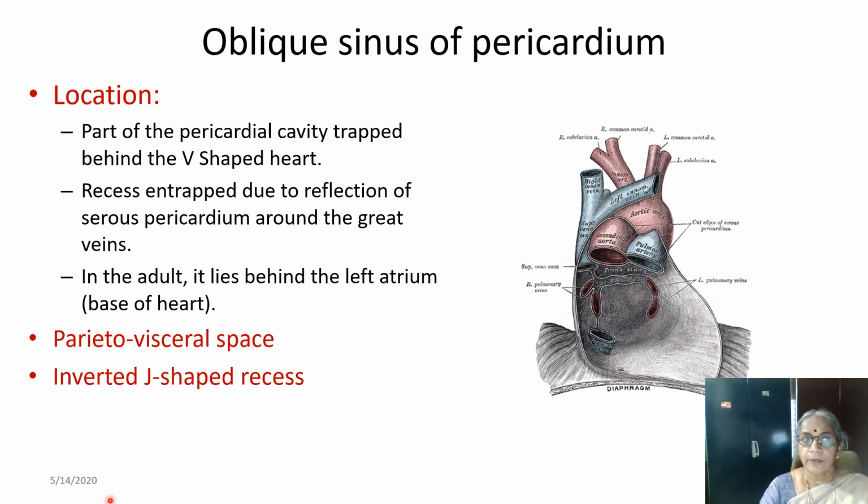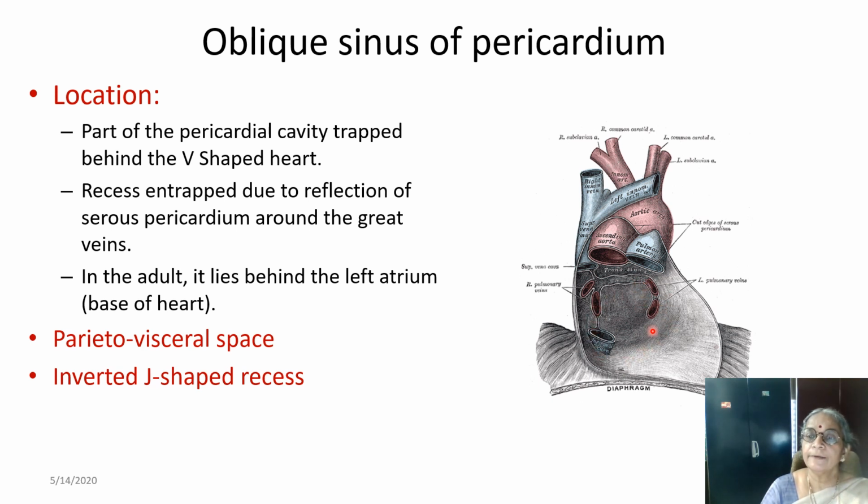What is the location of the oblique sinus of pericardium? It is that part of the pericardial cavity trapped behind the V-shaped heart. It is behind the venous limb, and it is a recess that is entrapped due to reflection of the serous pericardium around the great veins.